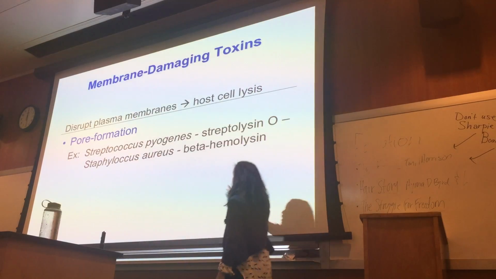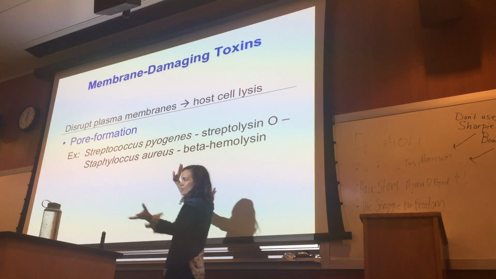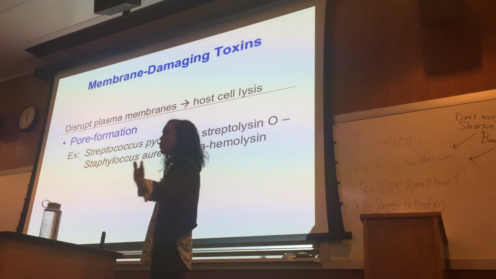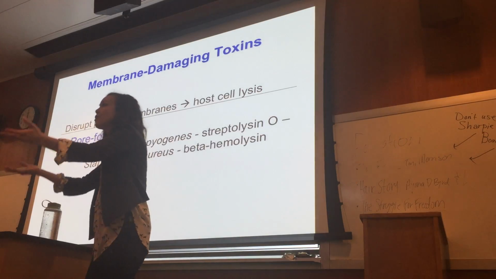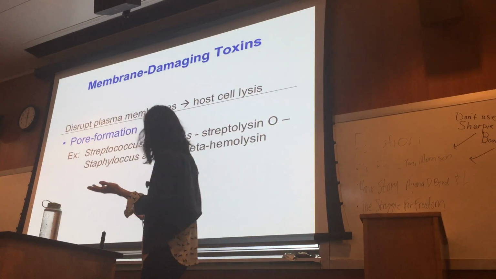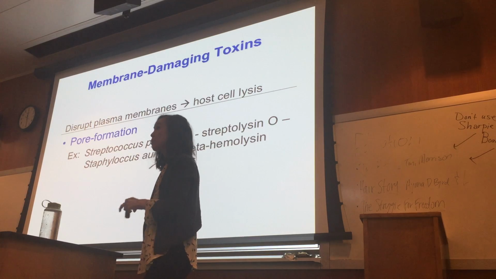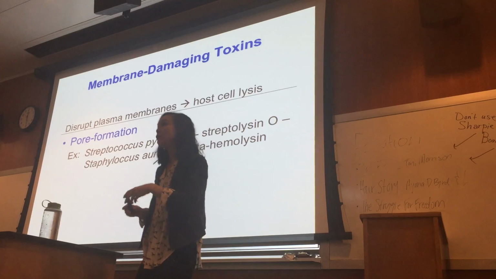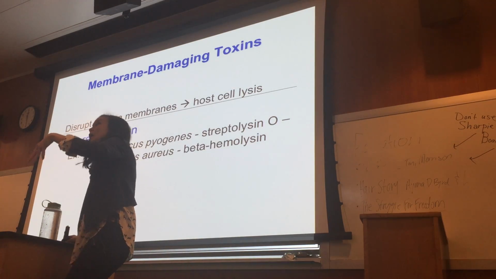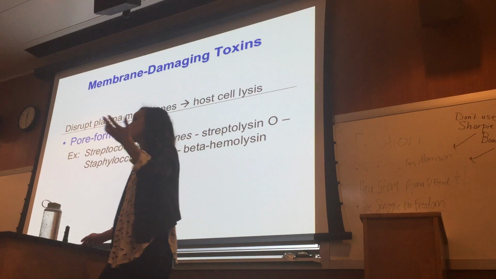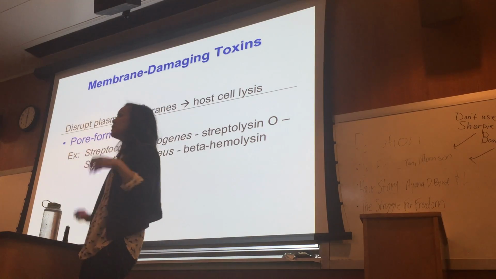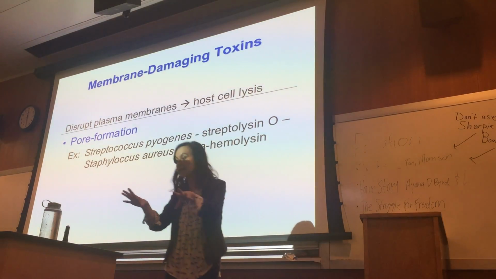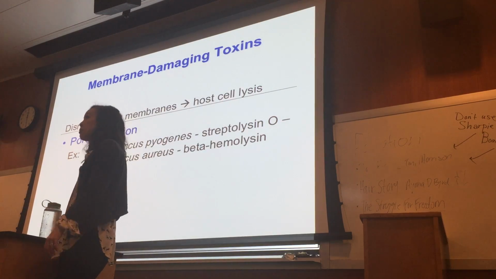Now we're going to talk about the top one in lab actually. Good. So you guys did your throat cultures. Basically, the way that we're going to know whether you're carrying the strep throat organism, and the organism that causes strep throat is actually this one, Strep pyogenes, the way that we're going to know if you're a carrier is we're going to look on the plate and see if the bacteria that you picked up on your swab is dumping out a membrane-disrupting toxin that's going to lyse the cells on your blood agar plate.